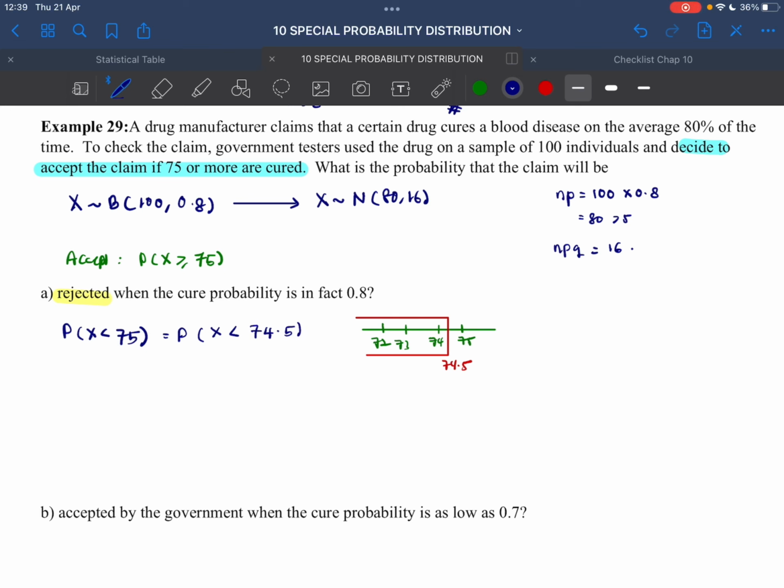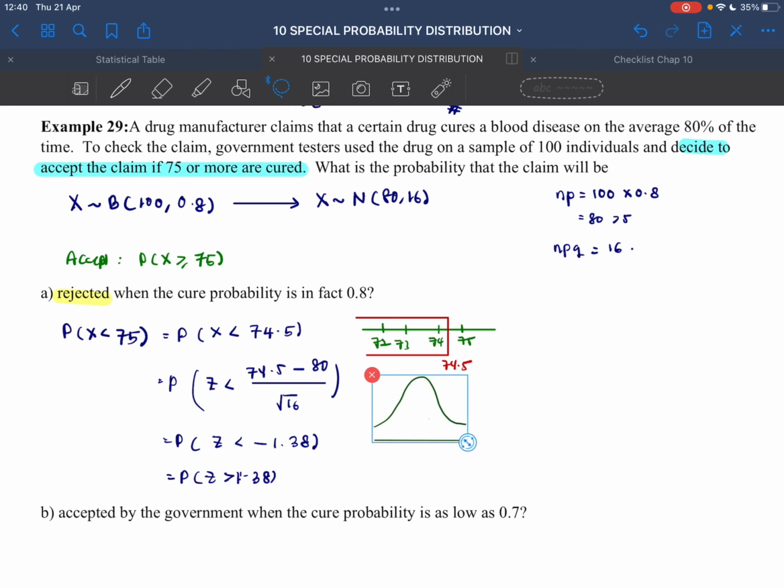Okay, so next thing is to do the standard normal distribution. So we have Z less than 74.5 minus by the mean 80 over by the standard deviation square root 16. And here's the answer is Z less than negative 1.38. Okay, so yang ni kamu tahu, kita boleh terus shift P(Z greater than 1.38). Siapa yang macam tak faham lagi kenapa boleh shift tu, let me show you one last time.